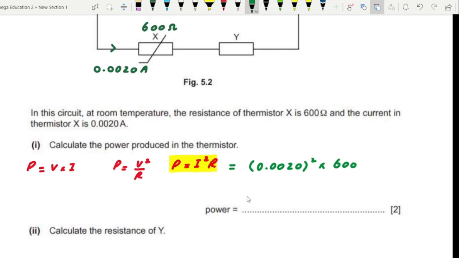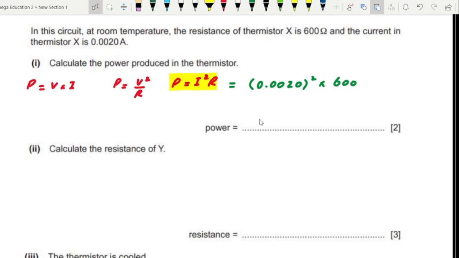All right, 2.4 times 10 to the power negative 3 watts.